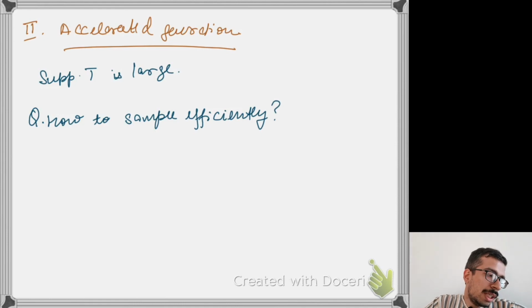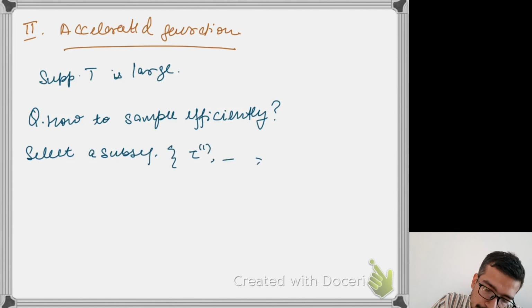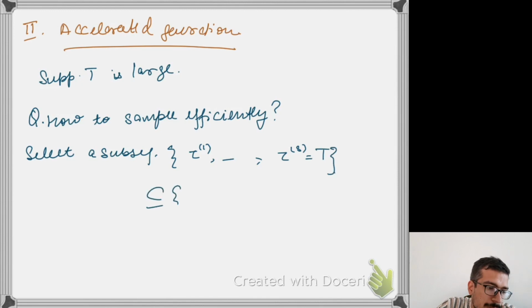Essentially we need to select a subsequence tau 1 up to tau s, just a subset of 1 up to capital T. And now we define a process which gives us the similar training objective but on this subsequence.